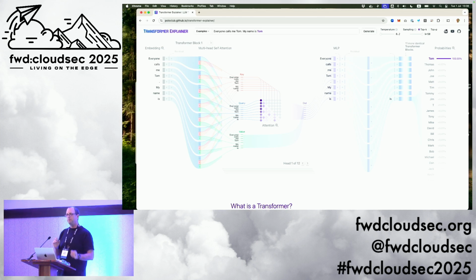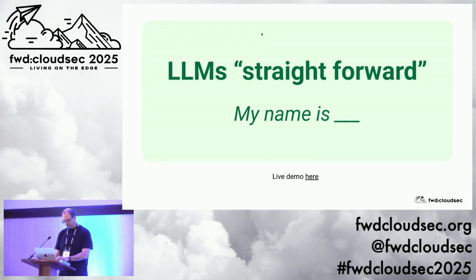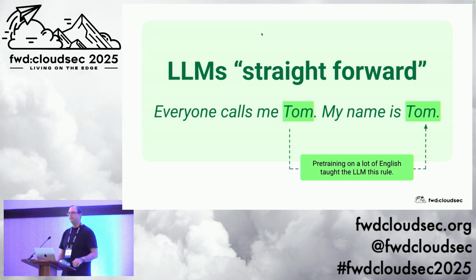Just until recently, being able to understand those relationships between tokens was not a trivial thing. The fact that the LLM figured this out means it has learned the relationship between the different tokens, and all of this happened just by training on a lot of English. The LLM read, so to speak, a lot of English and figured out those connections.